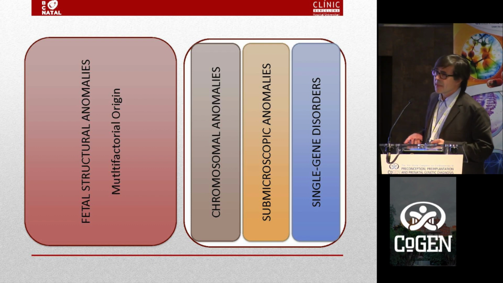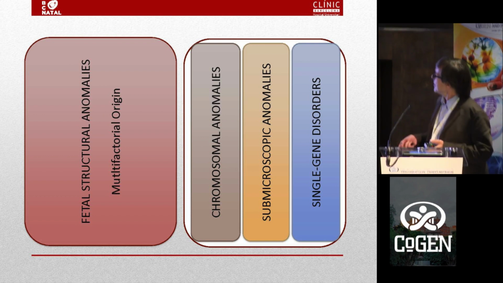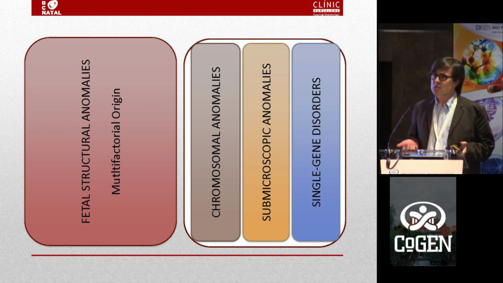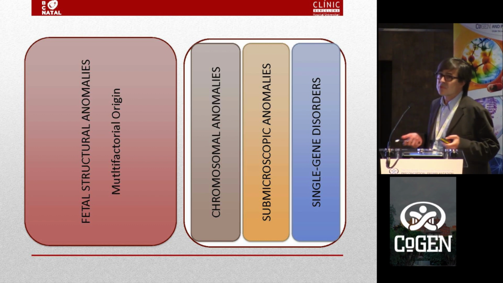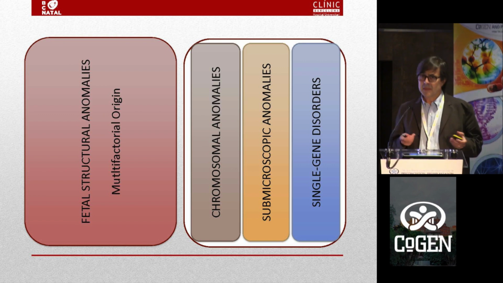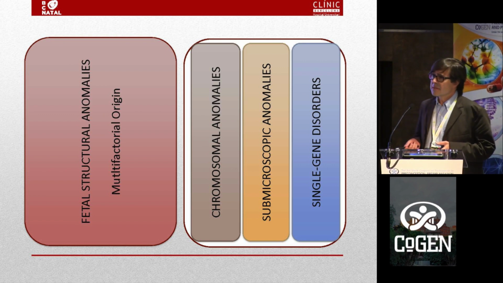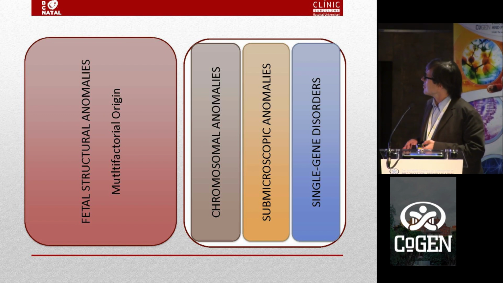Fetal structural anomalies are very common, 3%. Most of them are of multifactorial origin. And then there are the genetic anomalies: microscopic chromosomal anomalies, about 1%, a little bit less; submicroscopic anomalies, about 1%, a little bit more; and single gene disorders, let's say 1%. Very difficult to say.